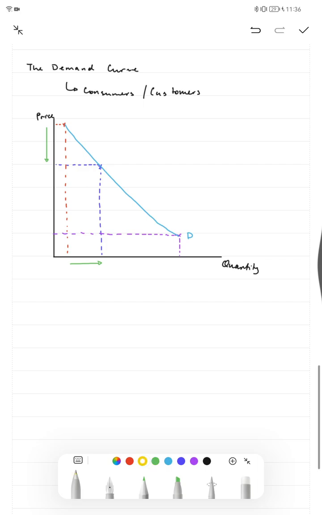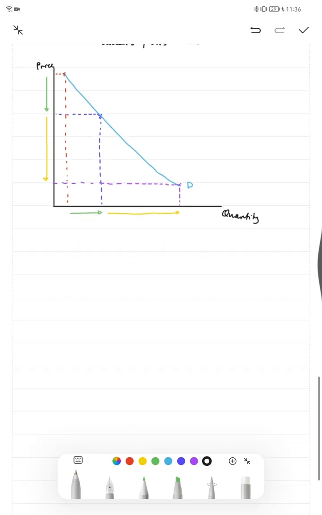And if the price goes down even further, the quantity will increase even more. So these are called movements along the demand curve. However, we can also change the demand curve, and we can shift out or in the demand curve.